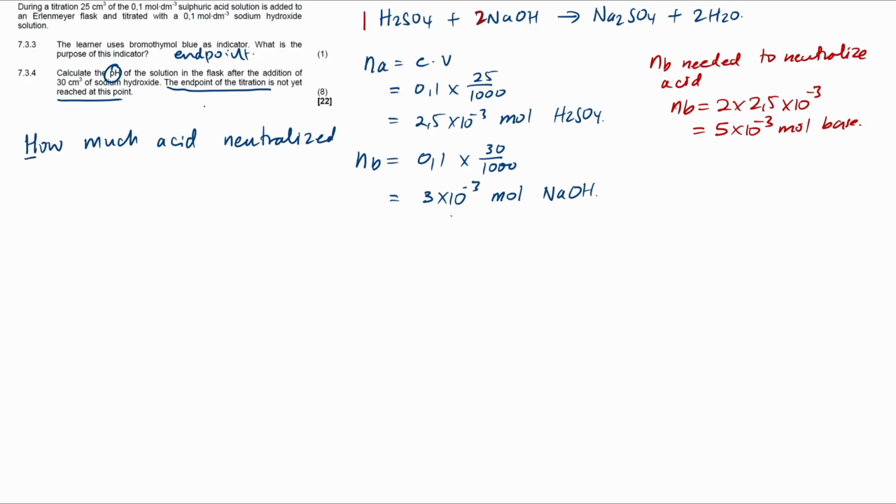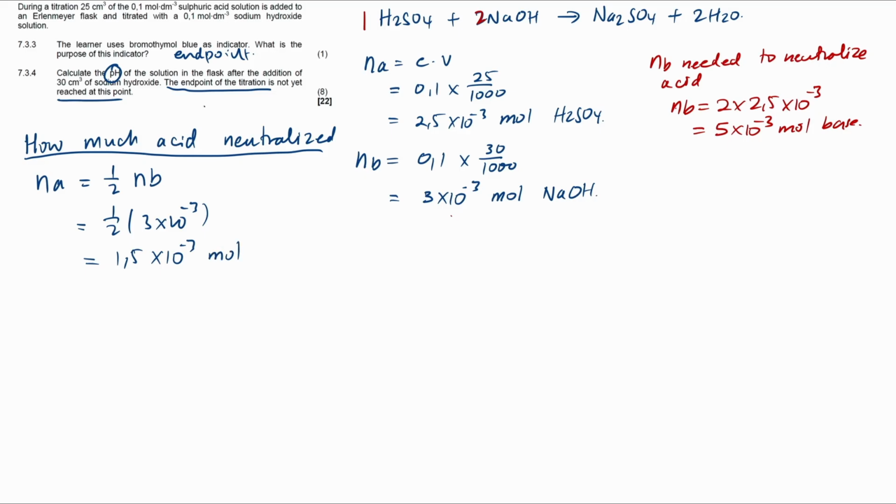We're going to use the base here, since the base is the limiting reagent. The number of moles of acid is going to equal half the number of moles of the base, because it's a 2 to 1 ratio. So half of 3 × 10⁻³ is equal to 1.5 × 10⁻³ moles of acid that was neutralized.